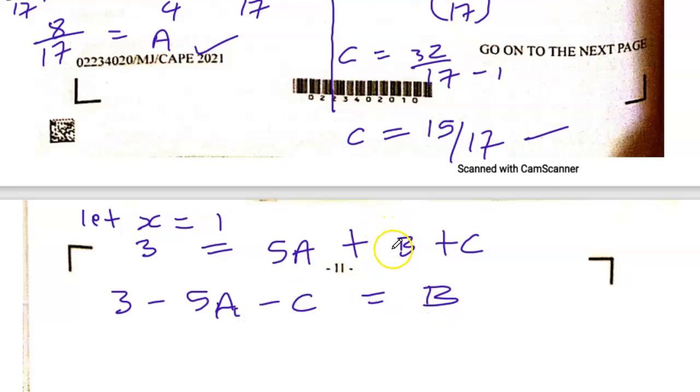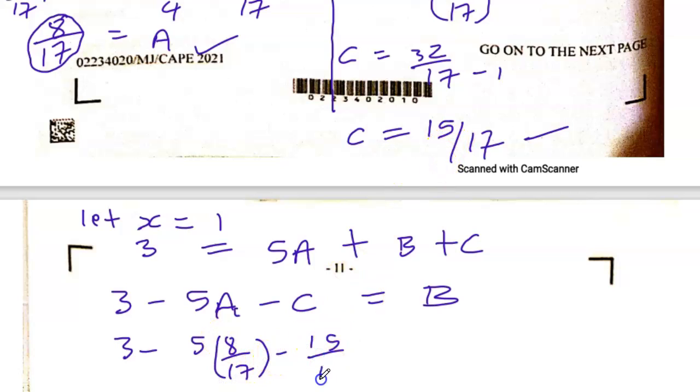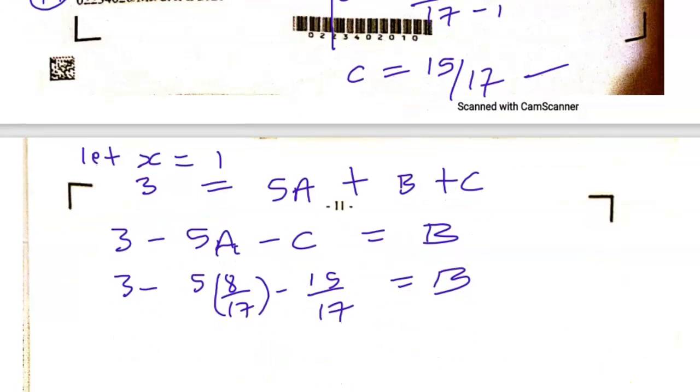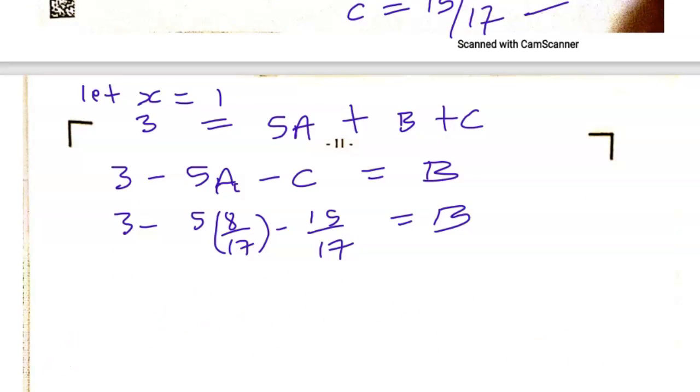Alright, so I'll leave the b on one side, group everything else on the left hand side. So 3 minus 5a, remember a is 8 over 17. So 5a will be 5 times 8 over 17. Minus c, and c is 15 over 17. So I can use my calculator to perform all of those calculations.